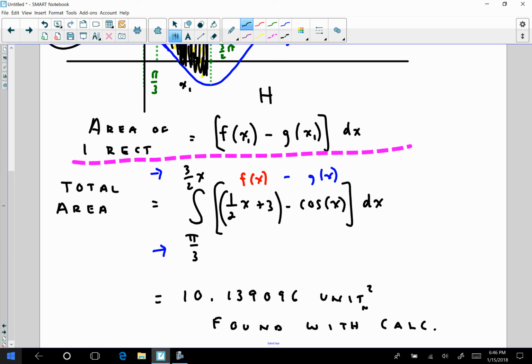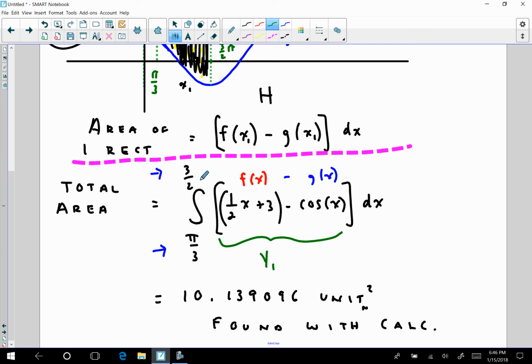This is my integral, and I'm going to put this whole creature, which eludes several students, into y equals in my graphing calculator. I'm going to use the definite integral function: second calculate, option 7, lower limit pi over 3, upper limit 3/2 pi, not 3/2 x.